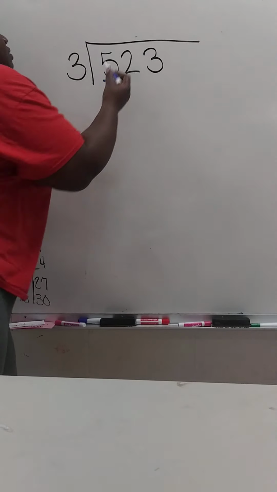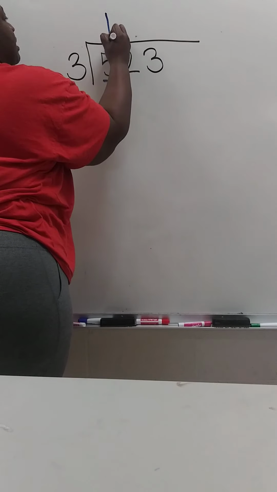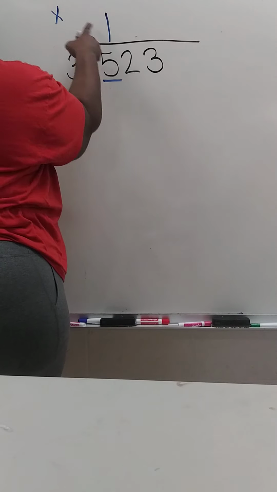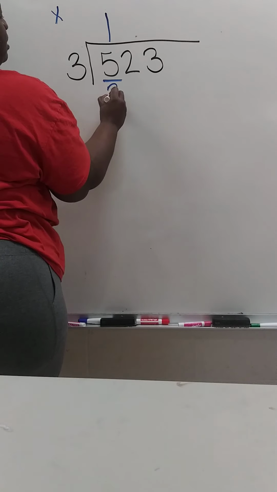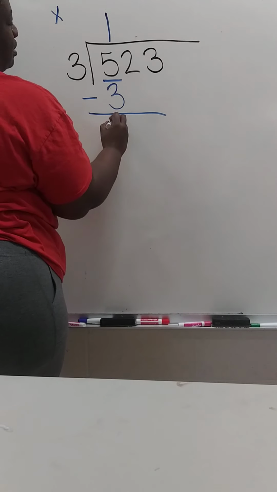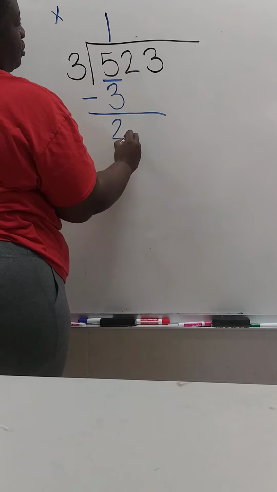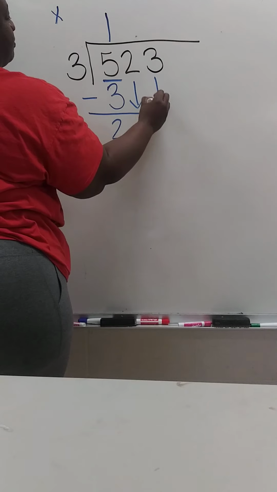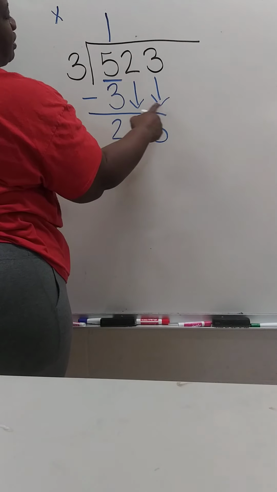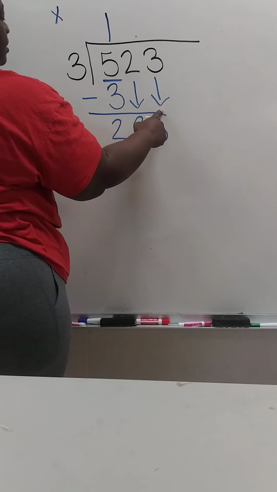Divide. This number always goes on top. Divide, multiply. 1 times 3 is 3. Subtract. 5 minus 3 is 2. Bring them on down. I have 2 arrows.